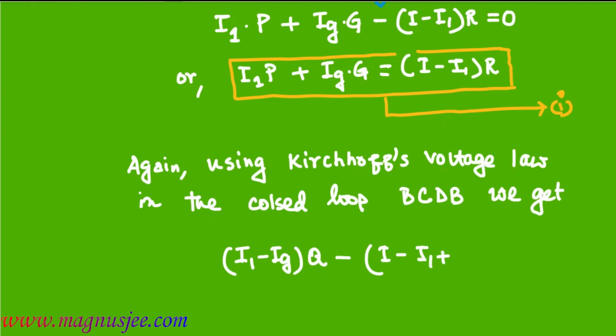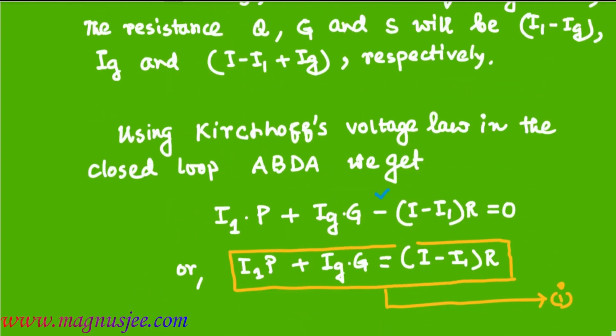The next potential difference is (I minus I1 plus Ig) into S, and this is negative. And then Ig into G is also negative, minus Ig into G.